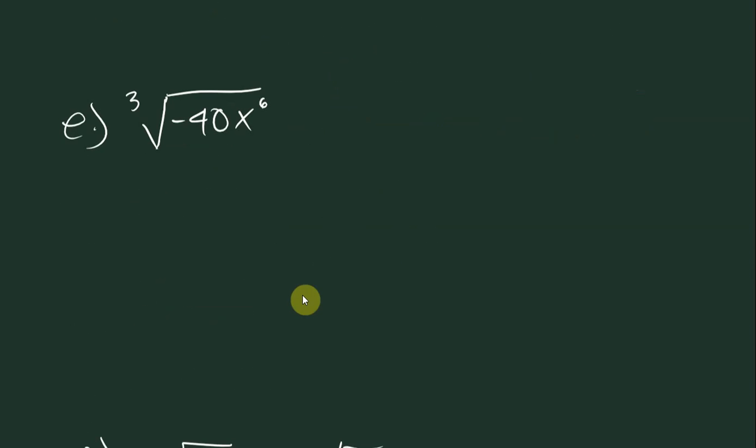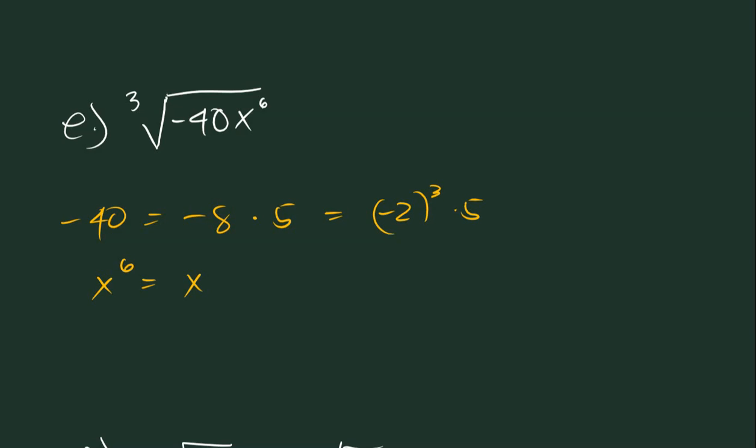Okay, so let us factor out negative 40. Negative 40 is equal to negative 8 multiplied by 5, right? We also know that negative 8 is equal to negative 2 cubed, multiplied by 5. So for x to the 6, we know that from the law of exponents, this is equal to x cubed multiplied by x cubed, right?